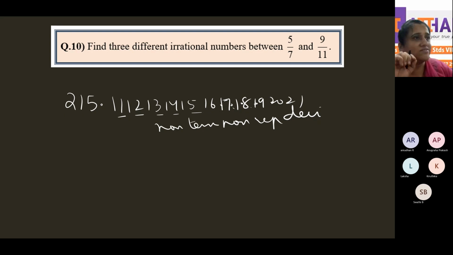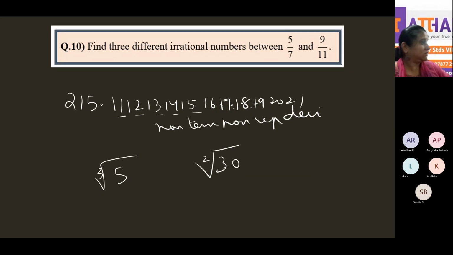If you're asked to give examples of irrational numbers, you should give a non-terminating, non-repeating decimal, correct? Or you can write something like cube root of 5 or square root of 30.